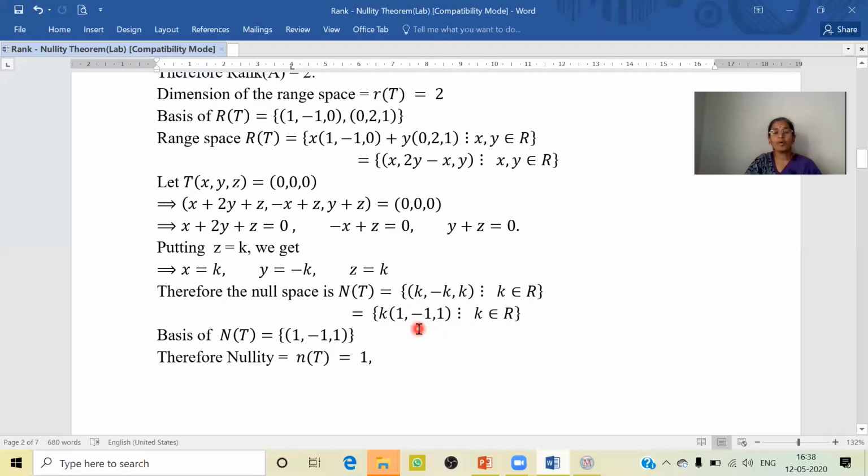Therefore, this element forms the basis of the null space. So the basis of N of T is equal to (1, -1, 1).